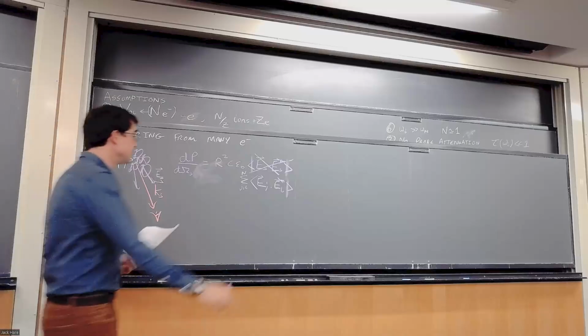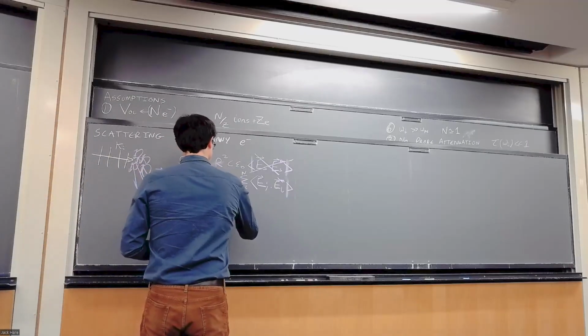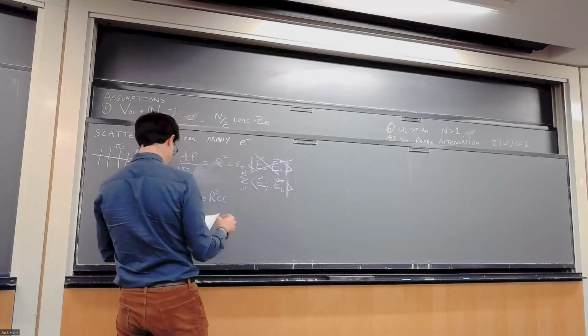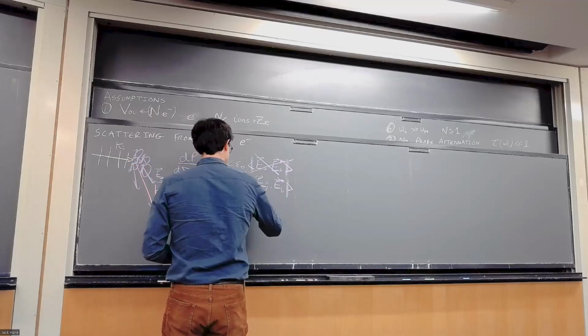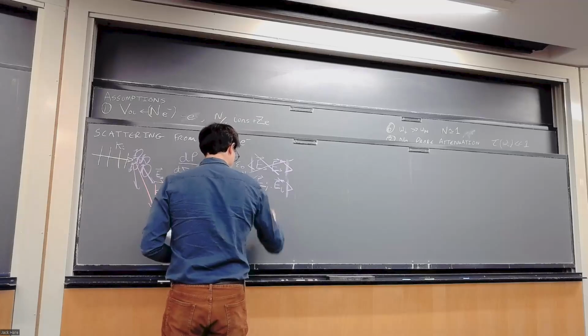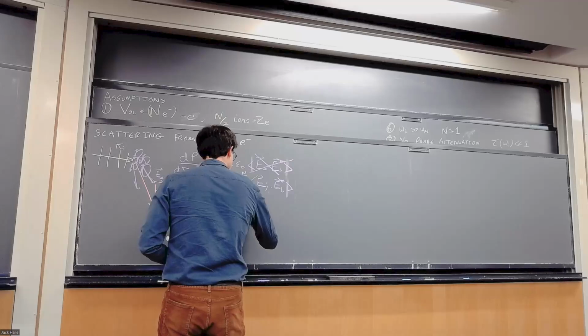Okay, and it turns out we can split this into two terms. They're both r squared c epsilon naught, and then we have a term that looks like N times Es squared. This comes from the sum where we have j equal to l.